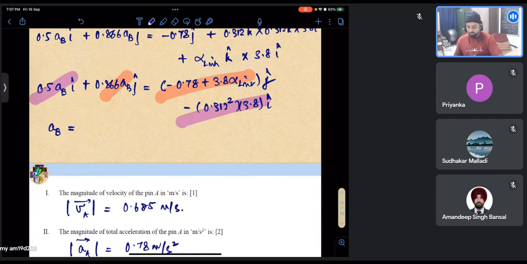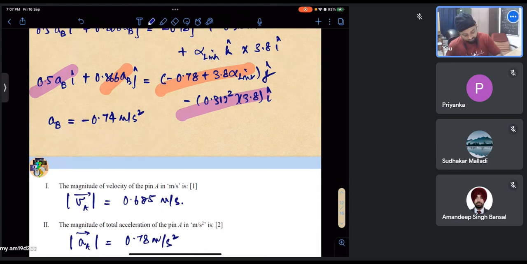Into 3.8 by 0.5 is minus 0.74 meters per second squared is what we get. And our alpha link would be this quantity into 0.